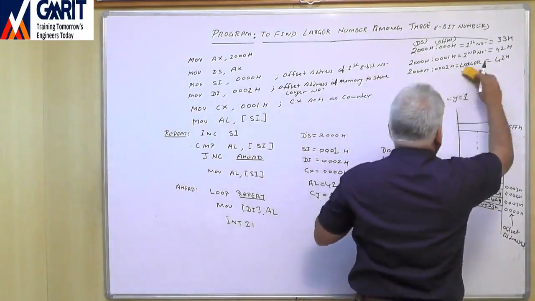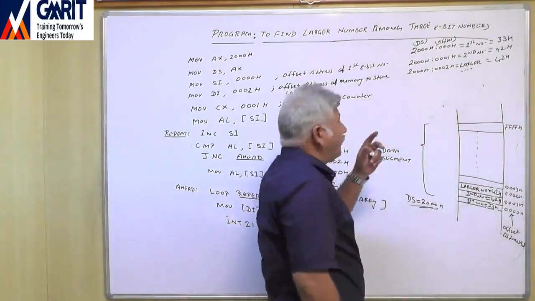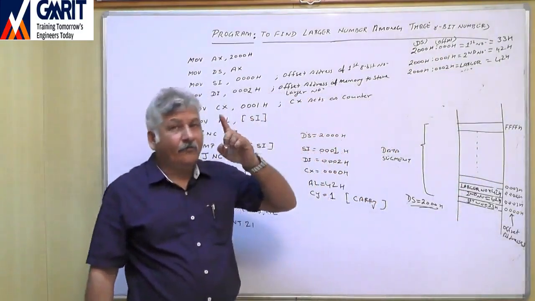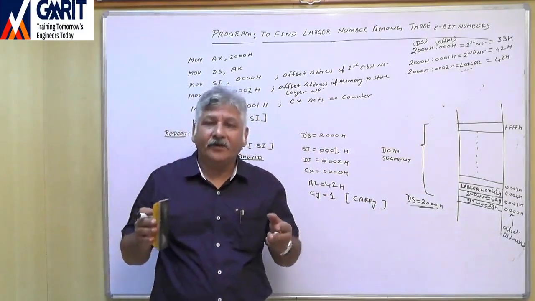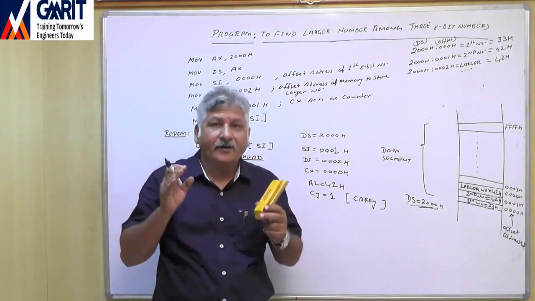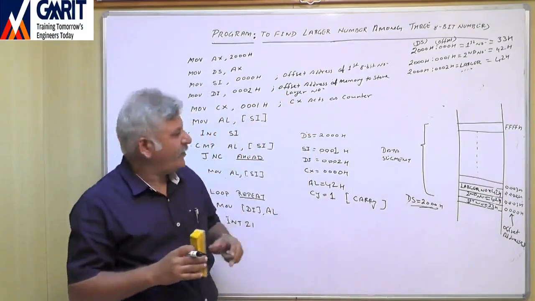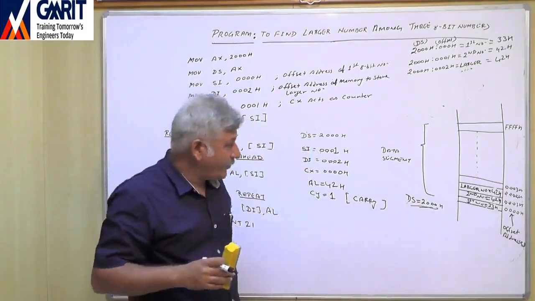We have increased the count, right? Whatever program we write now, the same program we can apply whether we have three numbers, 10 numbers, or 100 8-bit numbers. A slight modification will be needed here.